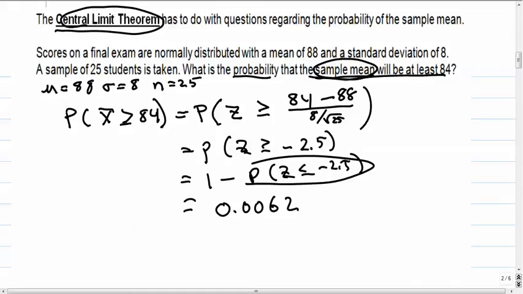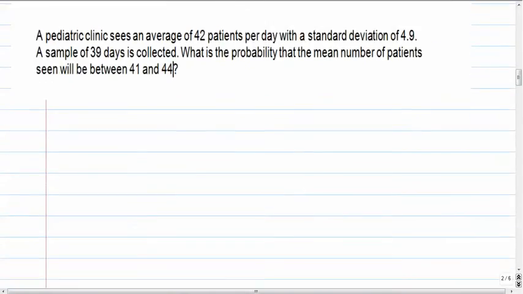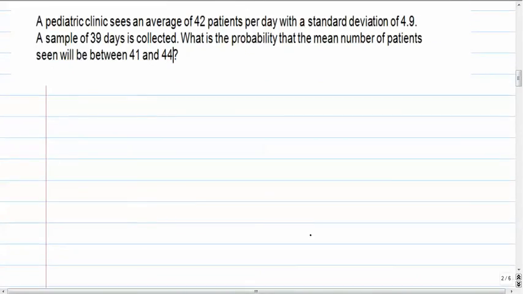Moving on to the next question. A pediatric clinic sees an average of 42 patients per day with a standard deviation of 4.9. A sample of size 39 is collected, and we want to know the probability that the mean number of patients in this sample will be between 41 and 44.